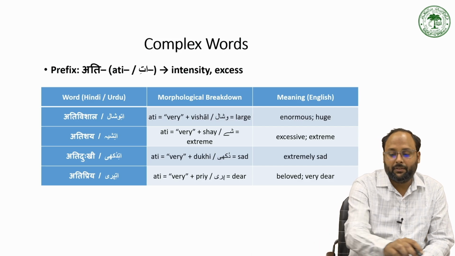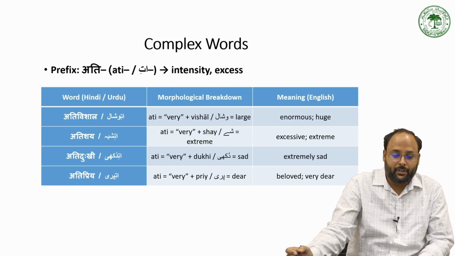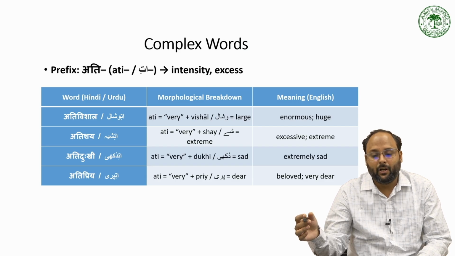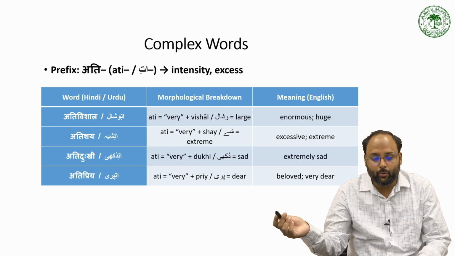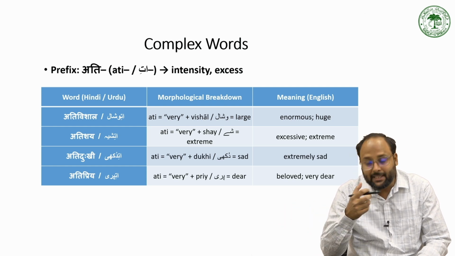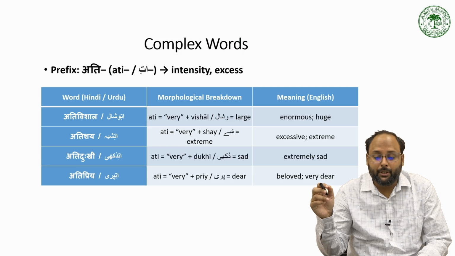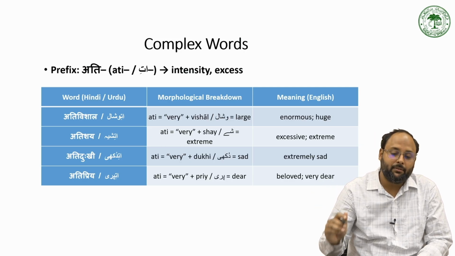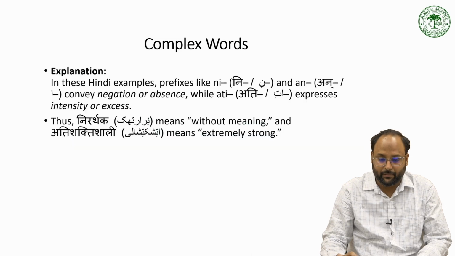Ati vishal intensifies the meaning of the word vishal, or gives excess in the meaning. Ati vishal means huge, ati shay means extreme or excessive, ati dukhi means extremely sad, ati priya means very dear, very beloved. So ati gives the meaning of intensity in this complex word.